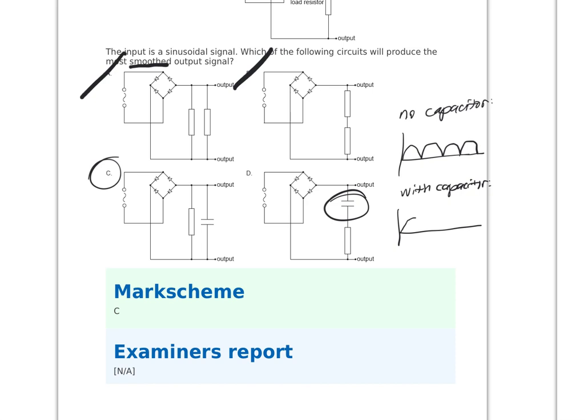It kind of goes up and then up. It never actually goes down to 0, so you're getting much closer to a steady value. The reason it doesn't go down to 0 is because that capacitor is storing electrical charge.